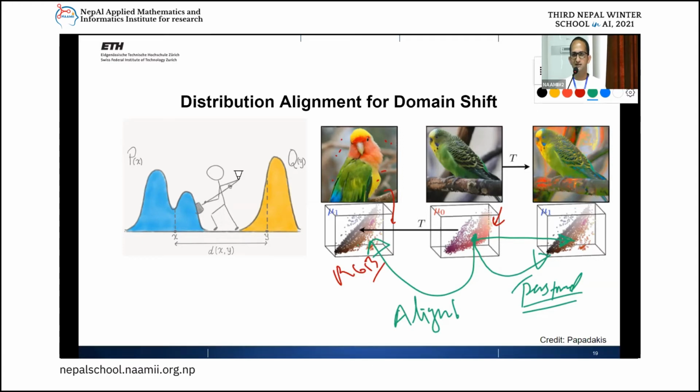So we are not yet at dataset level, but at the very least, this parrot is closer to the first parrot than the original parrot, right? I mean, in some color form. And that's the kind of knowledge transfer that we are willing to do.